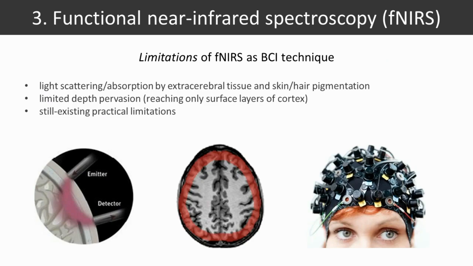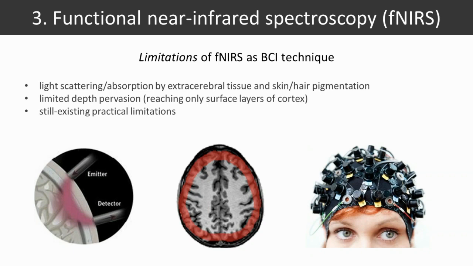Finally, I would also like to mention some limitations. The light scattering, of course, this is not good, and the absorption by extracerebral tissue we cannot control. So for example, the hair roots also kind of absorb the near-infrared light, so we cannot do anything about that. And then, skin and hair pigmentation.